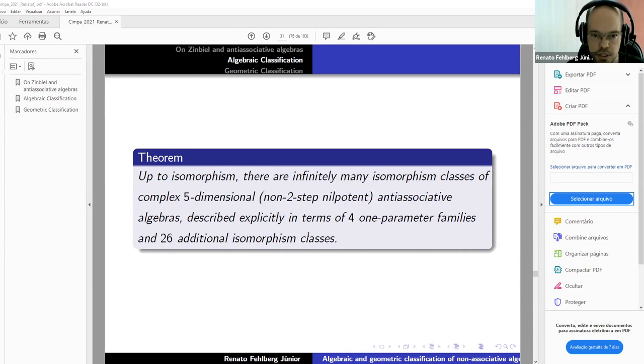And in the case of antiassociative algebras, the steps to classify are similar.